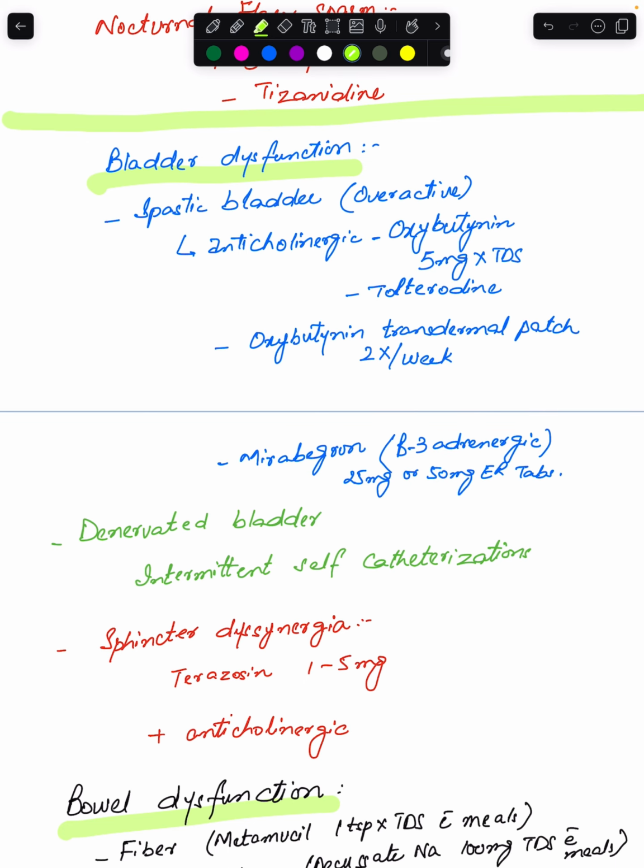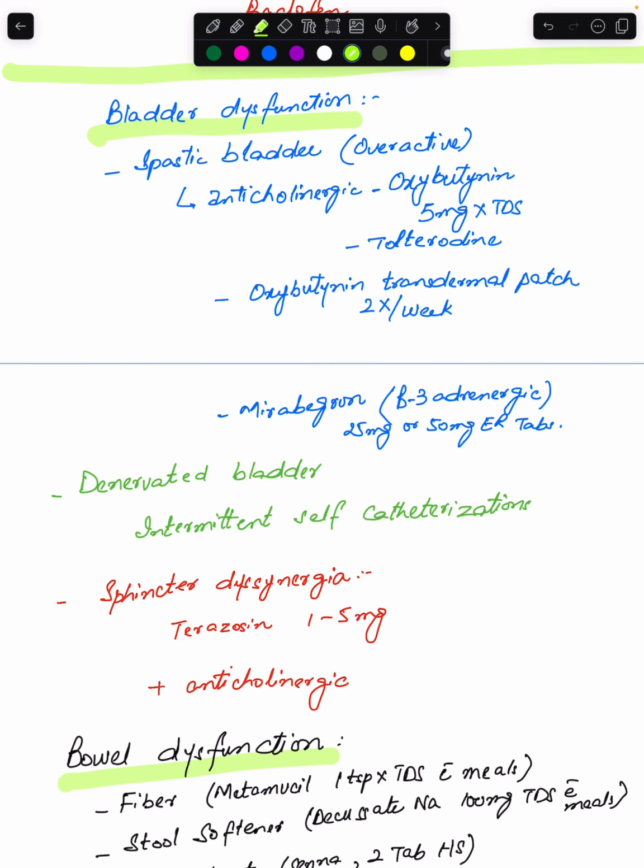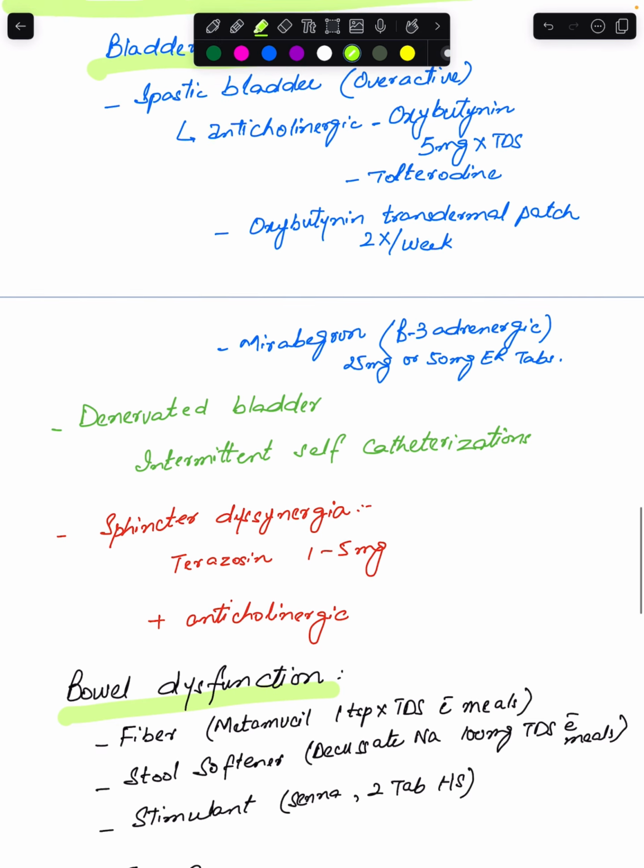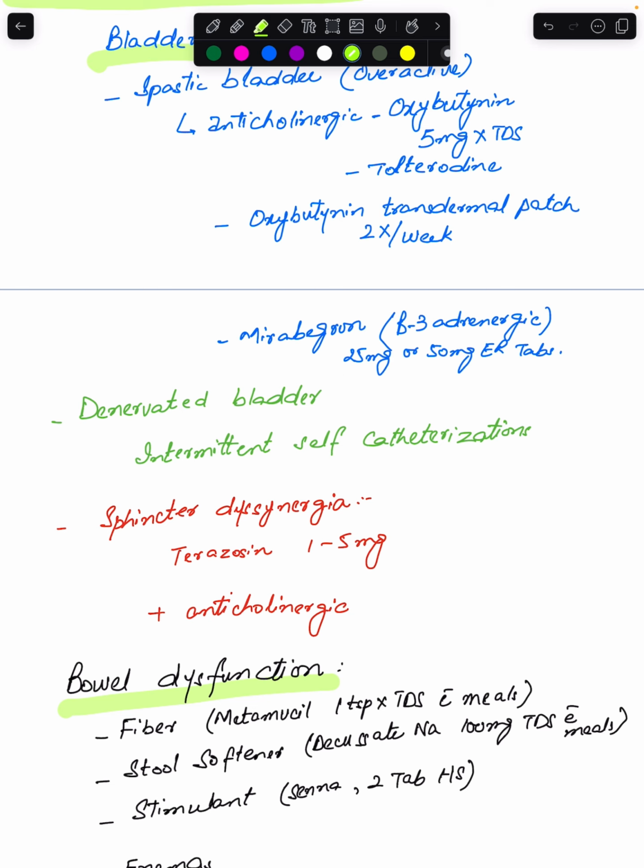Oxybutynin transdermal patch is also available, that can be used 2 times per week. We also have an option of mirabegron, that is a beta 3 adrenergic drug, and it is given in the dose of 25 or 50 milligram ER tablet. So this was for spastic bladder, so that the bladder can relax.